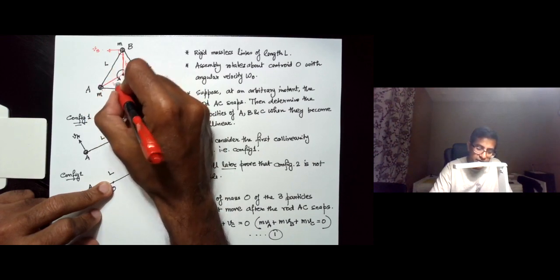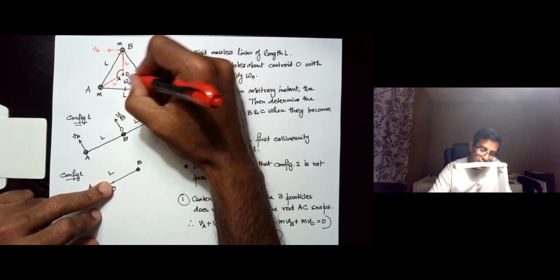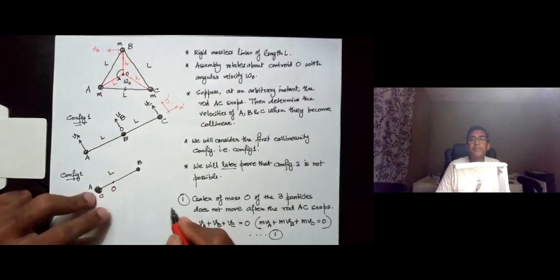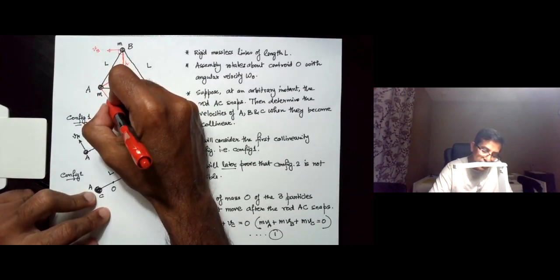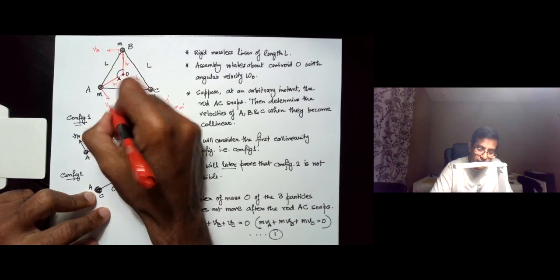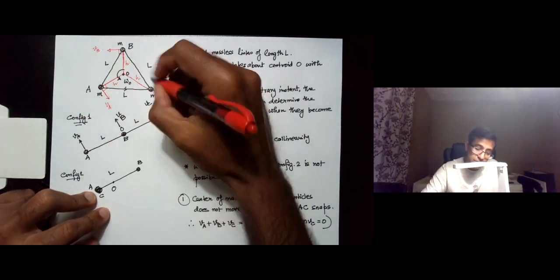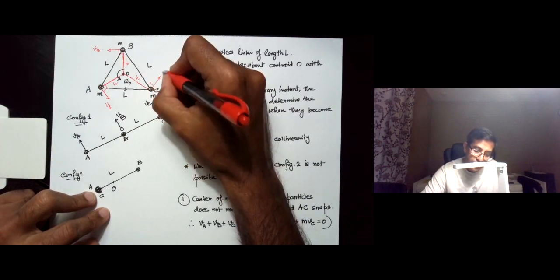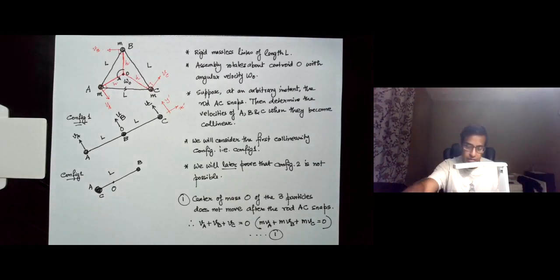So OB, OA and OC are all of length h, right? And VA is also perpendicular to that radius, and similarly VC is perpendicular to that radius, to the center of the circle.